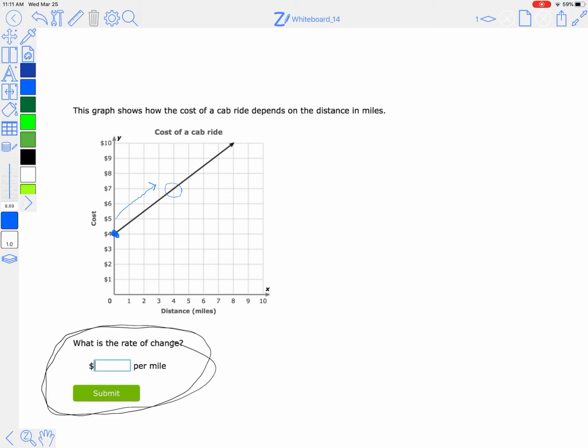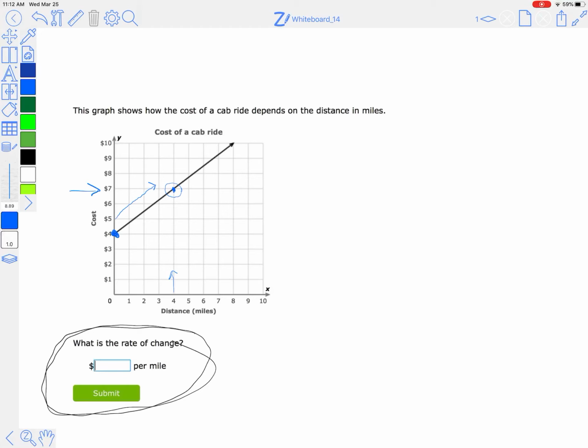So you can see that that clearly crosses at $7 and at 4 miles. If you looked back at these other ones, that doesn't cross exactly anywhere. Okay. So when you look for these 2 points, you want to make sure they're crossing nicely on these exact numbers we want.